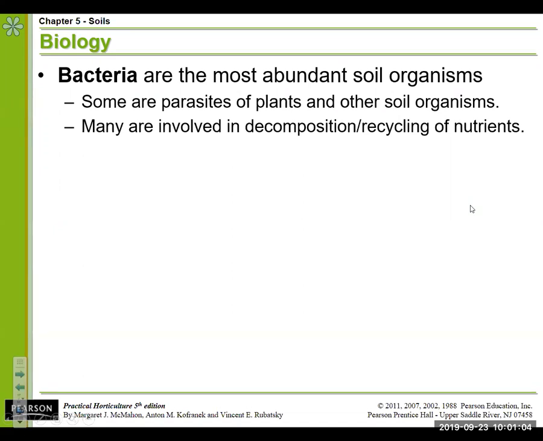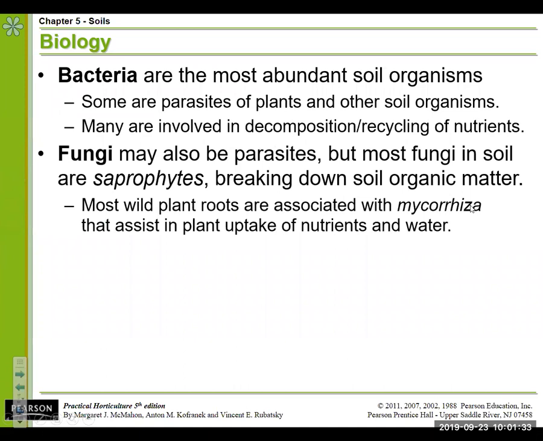That's a lot. Bacteria are by far the most abundant of these soil organisms. And there are good bacteria and there are bad bacteria. Some of them can be parasites of plants and other soil organisms. Many of them are involved in the decomposition and the recycling of nutrients, that below ground pool of nutrients and moving those nutrients.